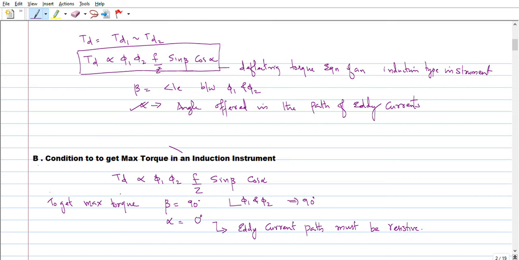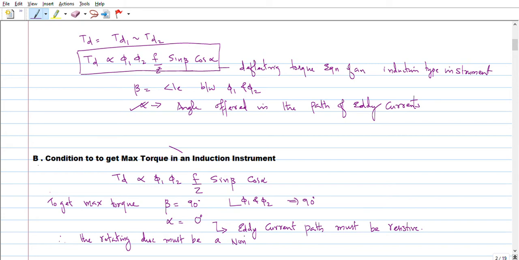Therefore the rotating disc must be a non-magnetic material, because the eddy current path is resistive, so there will be no inductance or magnetic path.